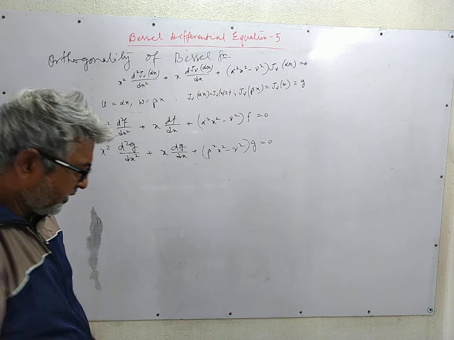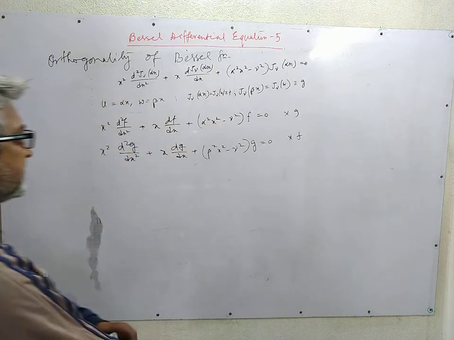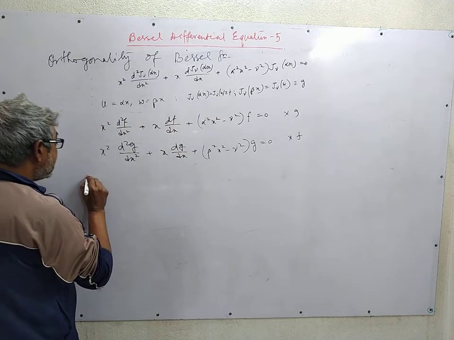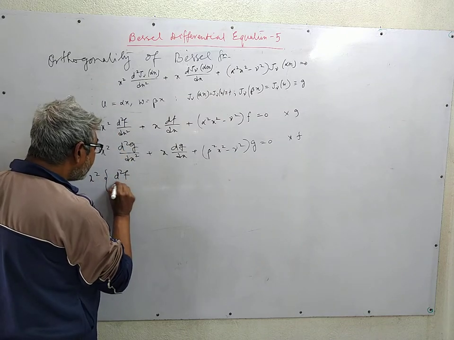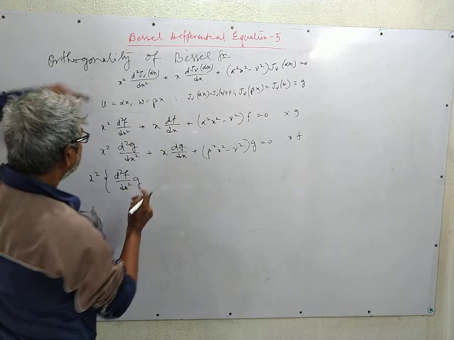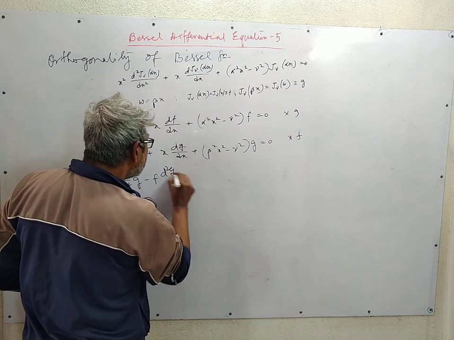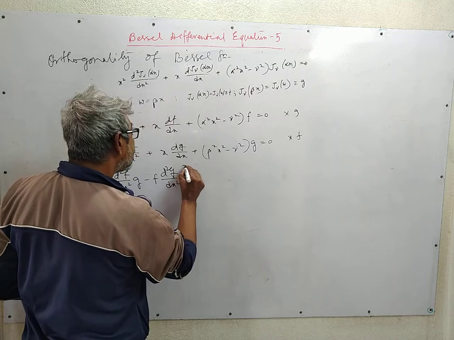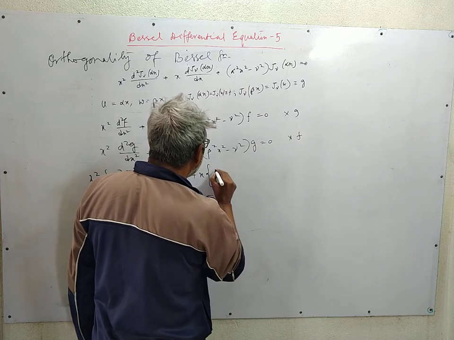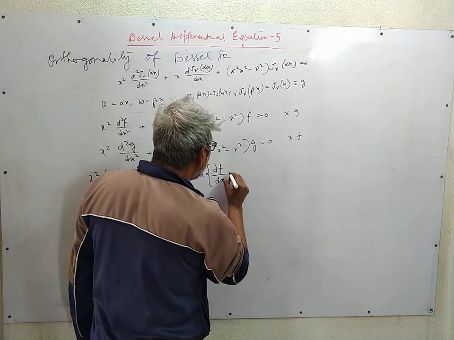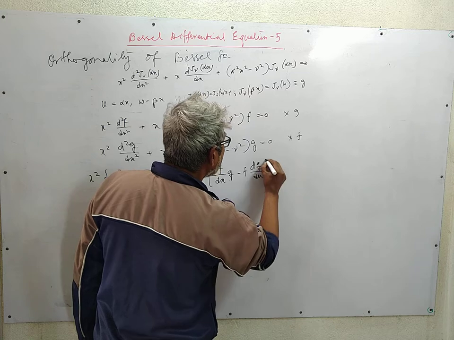We multiply the first relation by g and the second relation by f and subtract the second from the first. So the result is x square d2f dx2 times g, minus f times d2g dx2. This is the contribution from x square term, and similarly from this we have x times df dx times g minus f times dg dx.